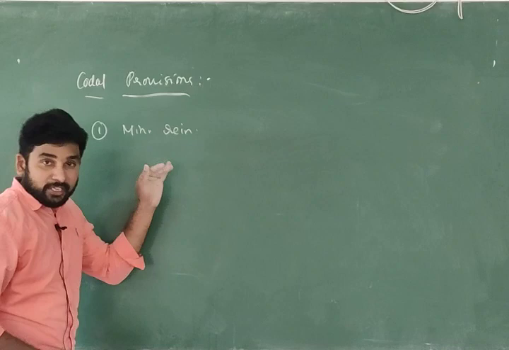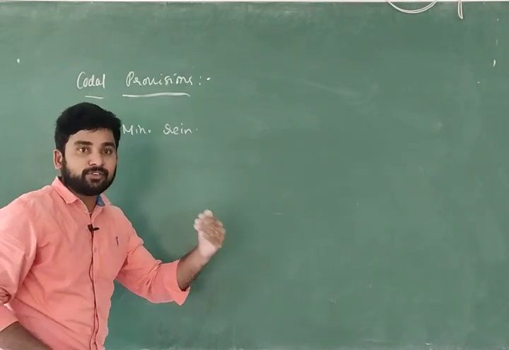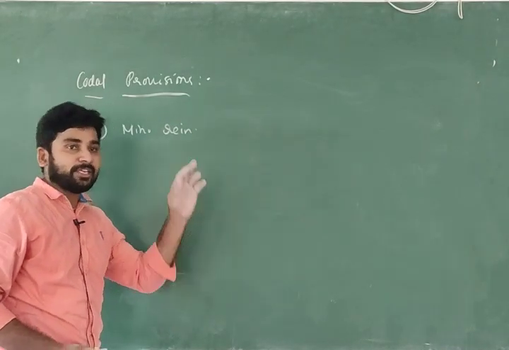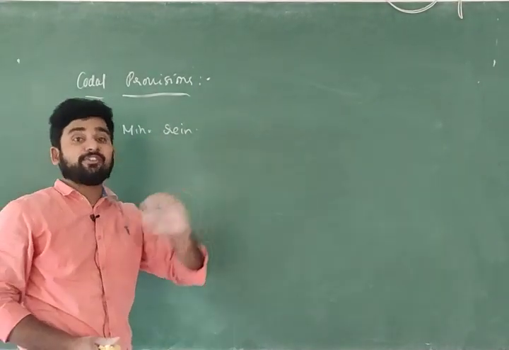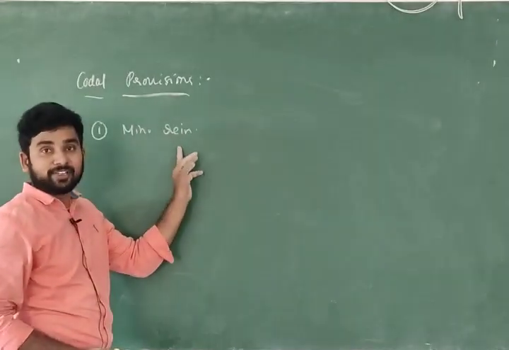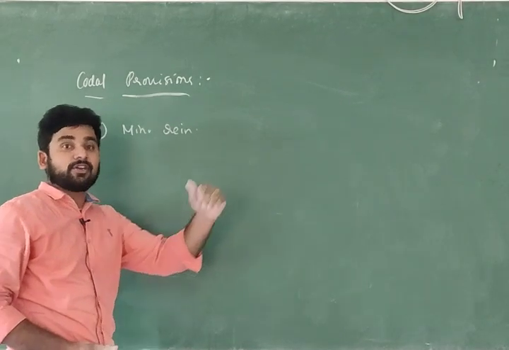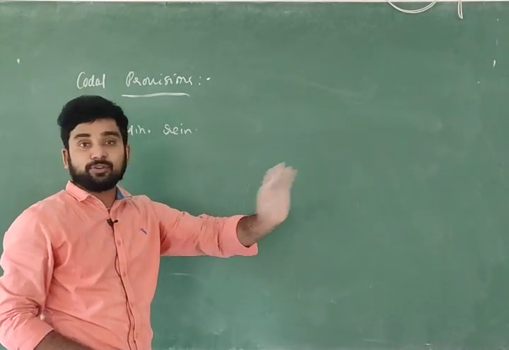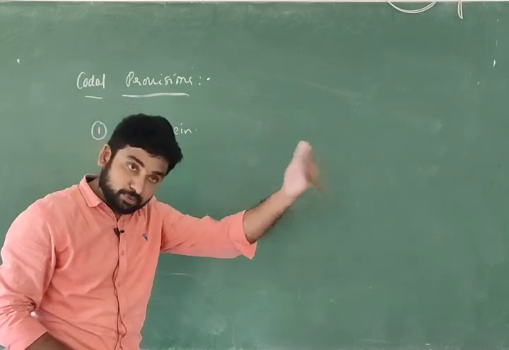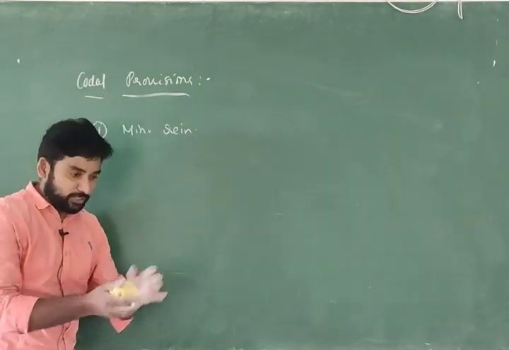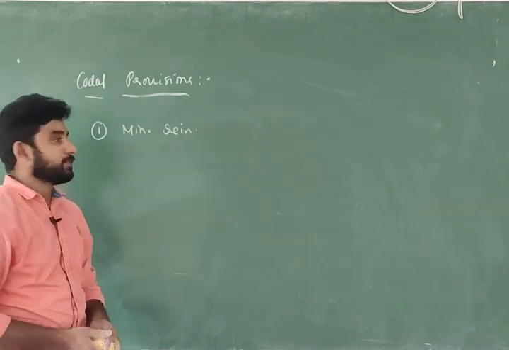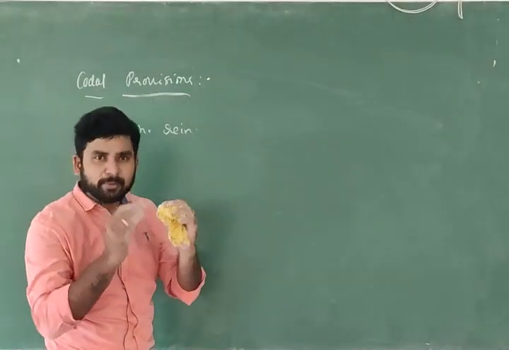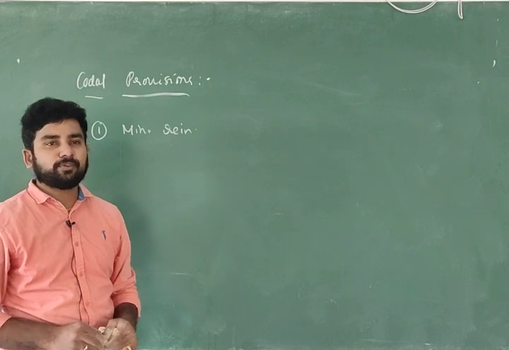Even in a problem, if your reinforcement comes out less than the minimum, you do not provide that; you should provide the minimum only. Sometimes you cross the maximum; then you should change the dimensions of the section and restrict to the maximum only.